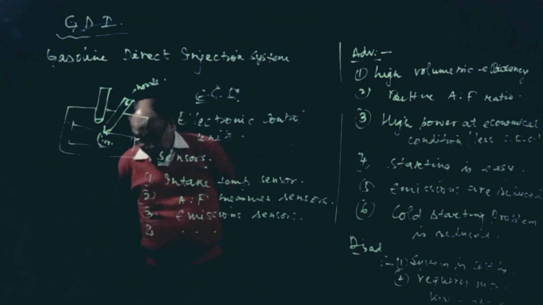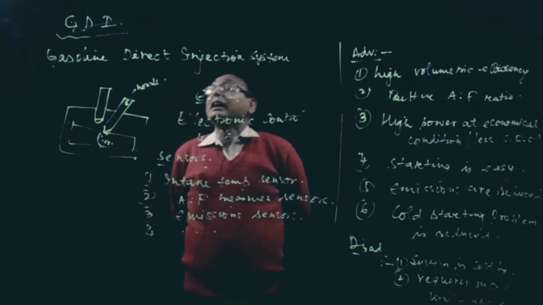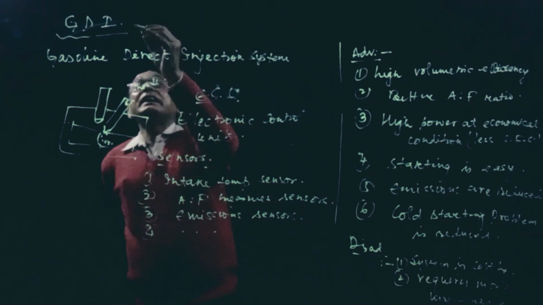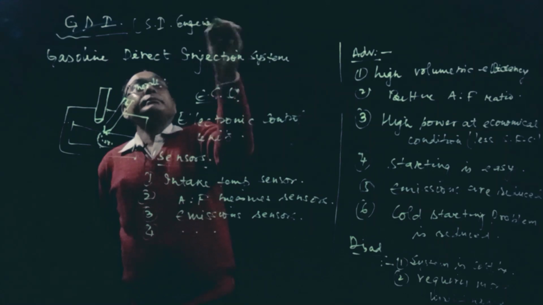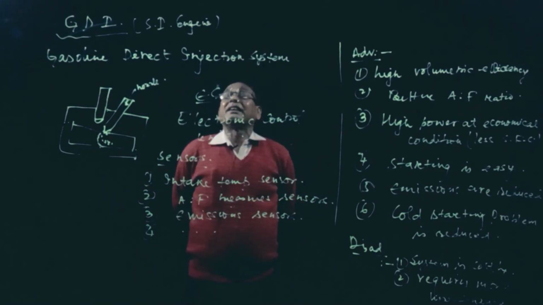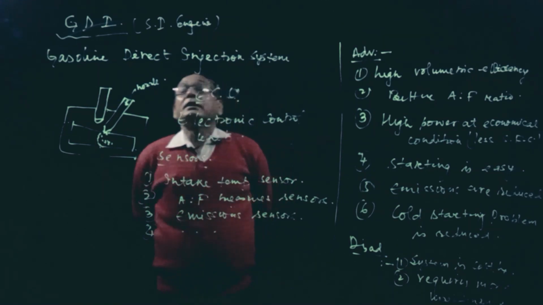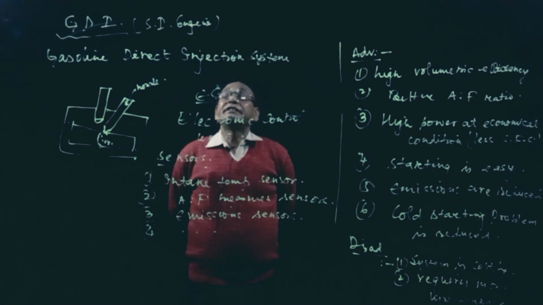So let us sum up what we have studied in this session. Gasoline direct injection system. As the name suggests, gasoline is the fuel for the SI engine. Generally in the SI engine fuel is supplied by the carburetor, but the carburetor cannot supply the correct air fuel ratio to the cylinder. That's why it is not being used.